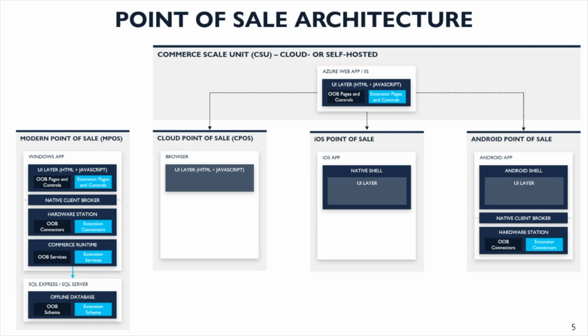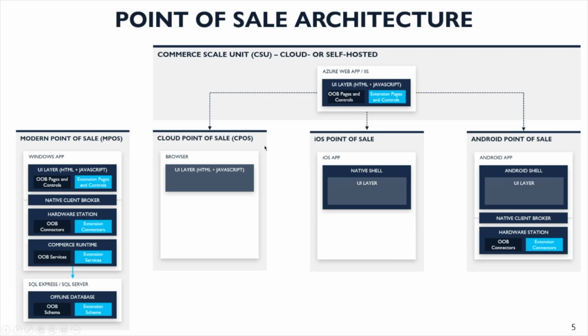Then you can use the cloud point of sale, where everything is deployed in the cloud. Any extension you develop for cloud point of sale will be packaged and deployed to the cloud. If you see the blue box here, the extension packages and controls go to the cloud CSU, where you package and deploy them.